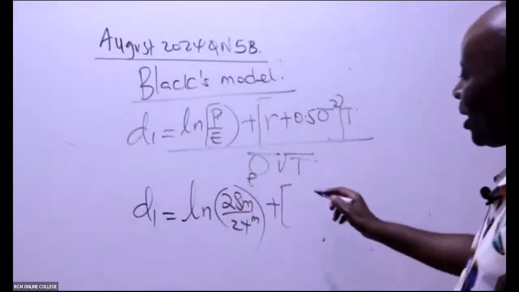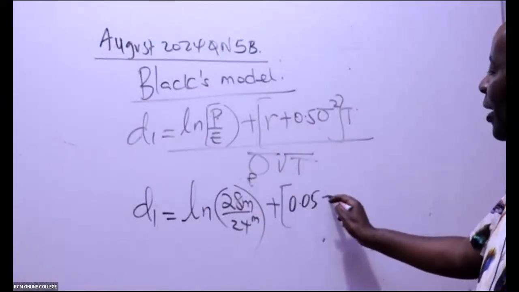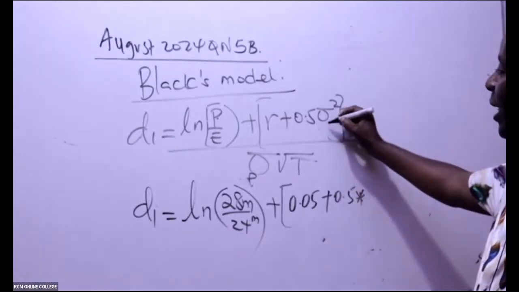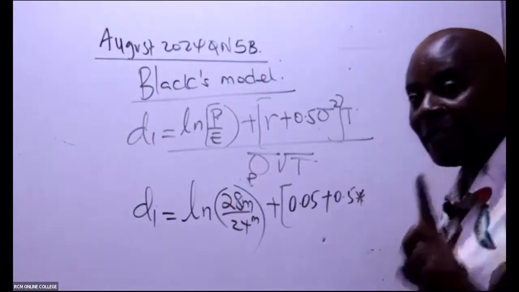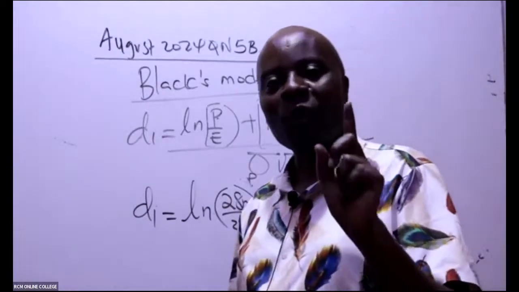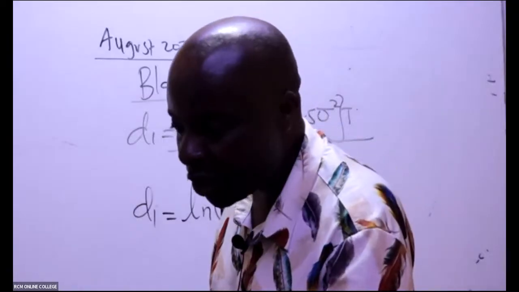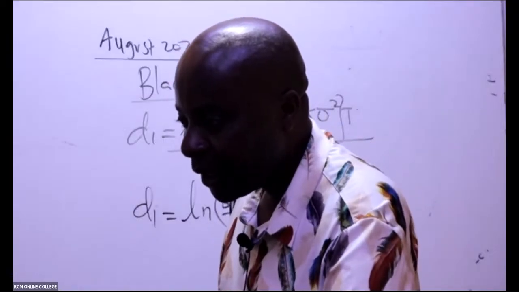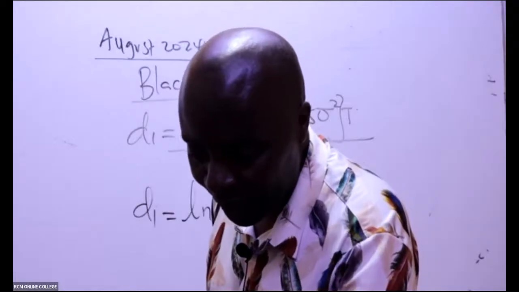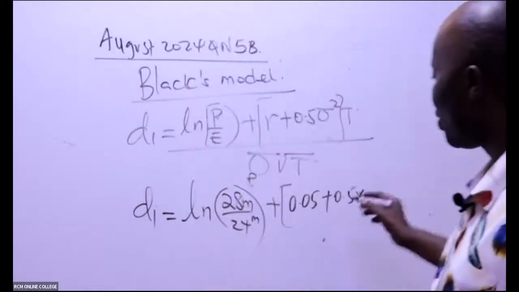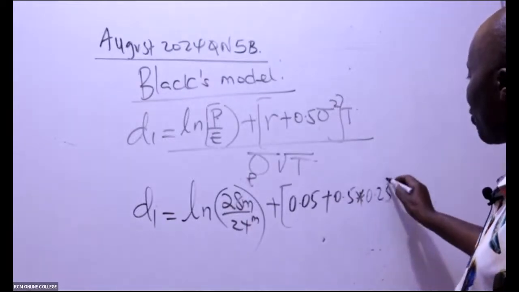5%, right? So 0.05 plus 0.5 times, what is the standard deviation given in the question? Remember, volatility is not variance. Volatility is standard deviation. The standard deviation is 0.25, 25%, so 0.25 squared.